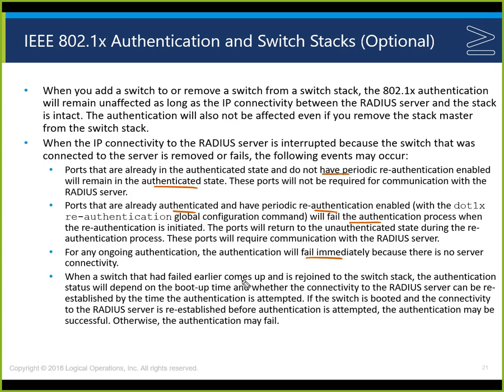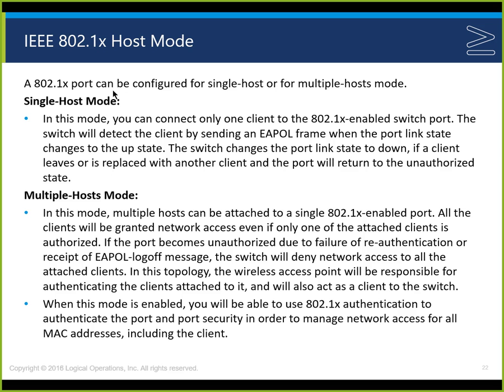When the failed switch comes back and rejoins the stack, the authentication status will depend upon the boot up time. We're going to go back to the process that we had. If the switch is booted and the connection to the RADIUS server is re-established before authentication is attempted, the authentication may be successful, otherwise it will fail. So there are different things that can happen in the process itself.